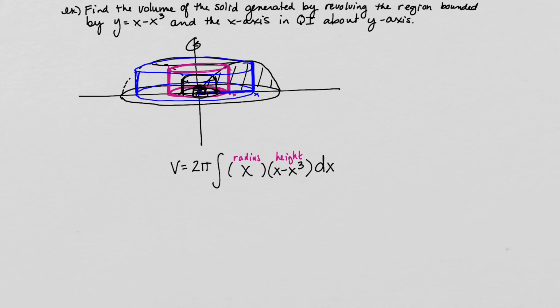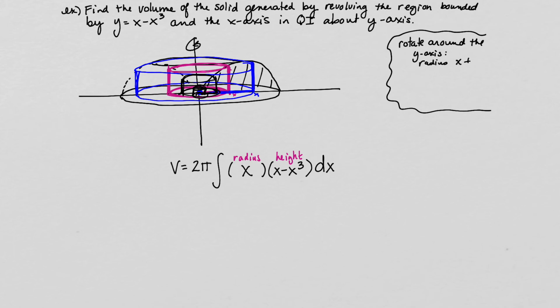In general, as long as you are rotating, this is kind of a general tip here. I'm going to write on the side. When you're rotating around the x or the y axis, if I rotate around the y, my radius is generally going to be x plus or minus something.